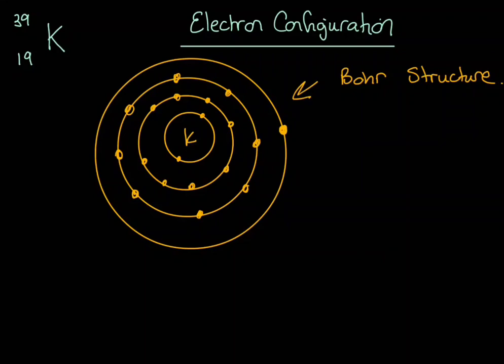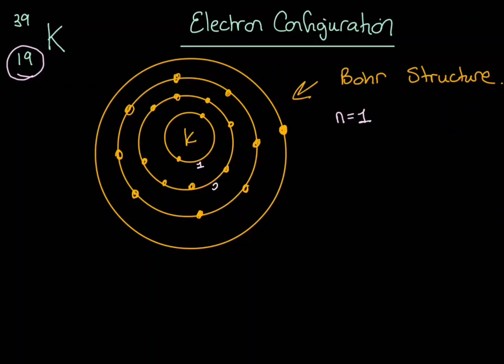So when you were in Junior Cert, you were probably asked to draw out the diagram for potassium and show its electron configuration. You would have gone to the periodic table, looked at the atomic number and saw 19. And then you would have thought, okay, so the first shell, which is n equals 1, holds 2 electrons.